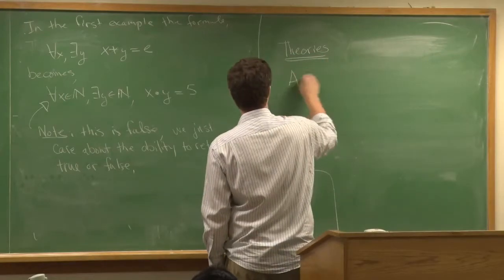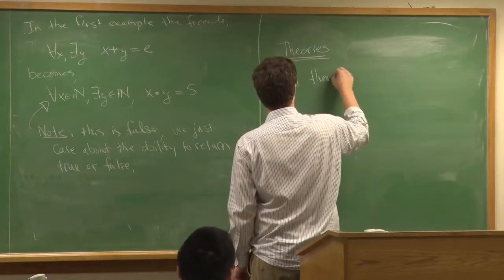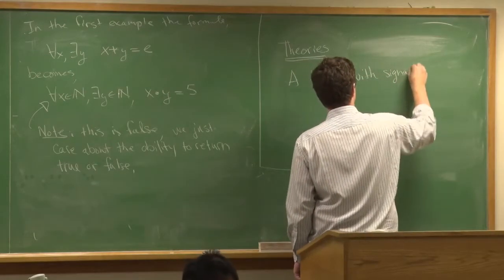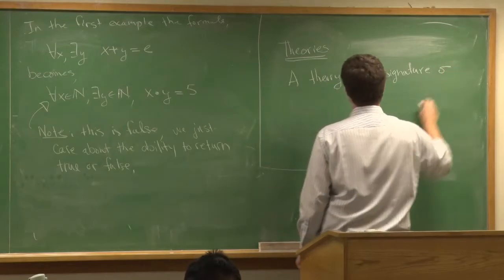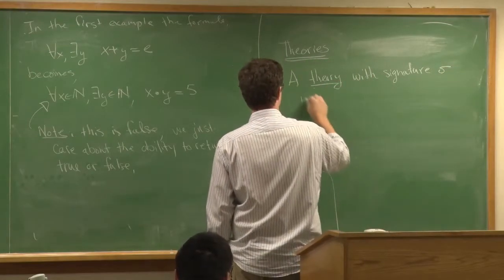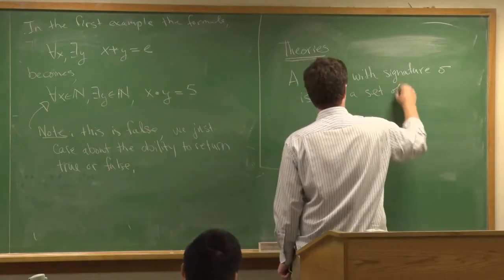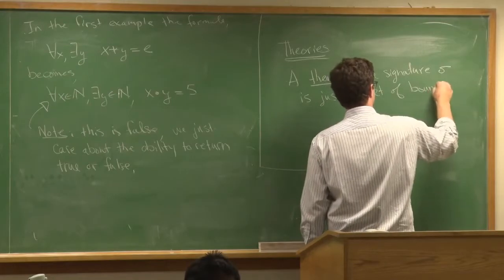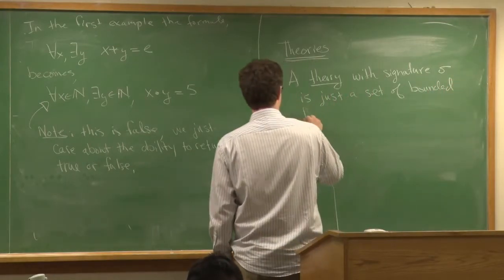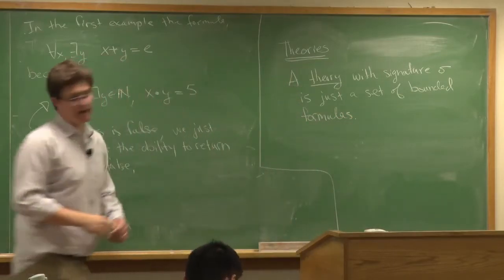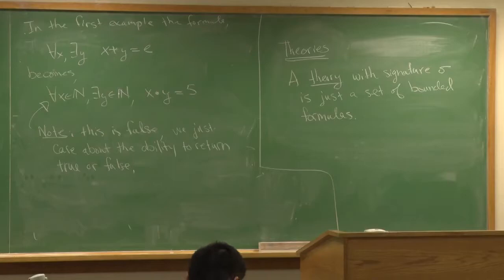A theory with signature sigma is a collection, just a set, of bounded formulas. It doesn't matter what the formulas are. I just take any collection of formulas, and that makes a theory. It could be the stupidest theory in the world, right? But it's a theory. That's what we call it.